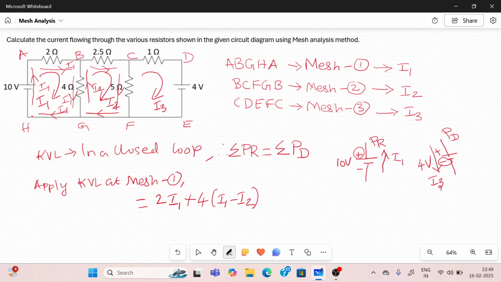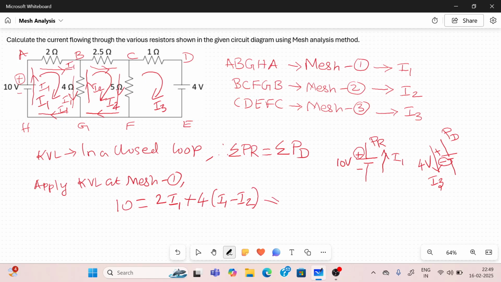Then H to A, there is a voltage. The voltage goes from lower potential to higher potential, which means potential rise. So the 10 volts should be written as the potential rise, on the left hand side. Now we can simplify this.